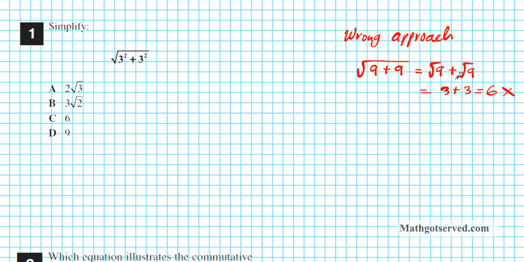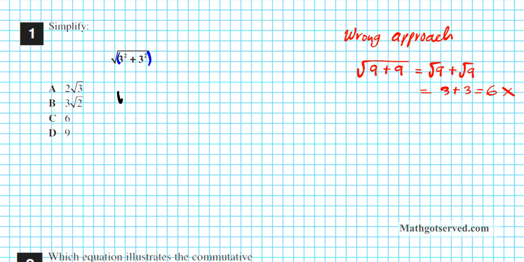What's wrong with this approach? Well, the idea is that you have to simplify the radicand completely first before you can take the square root. Thinking about order of operations, imagine that there is a parenthesis around the terms in the radical that must be addressed first before you can take the square root.